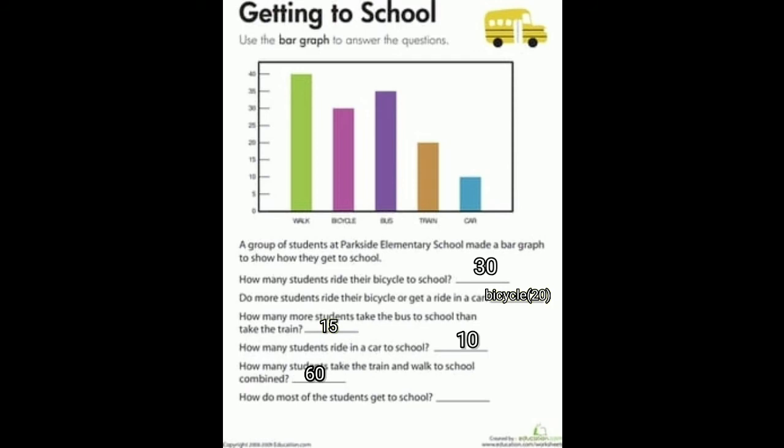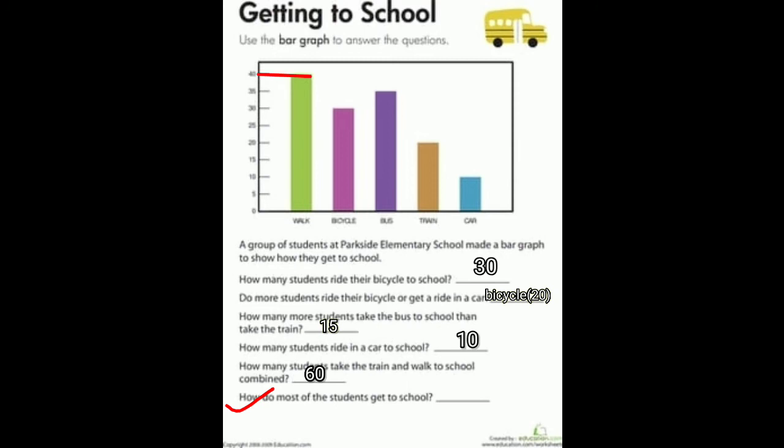Let us move on to our next question. The last question of the graph given here asks us to find the mode of transport by which most of the students get to school. From the graph, we can see that the green bar is the longest bar compared to all others here.